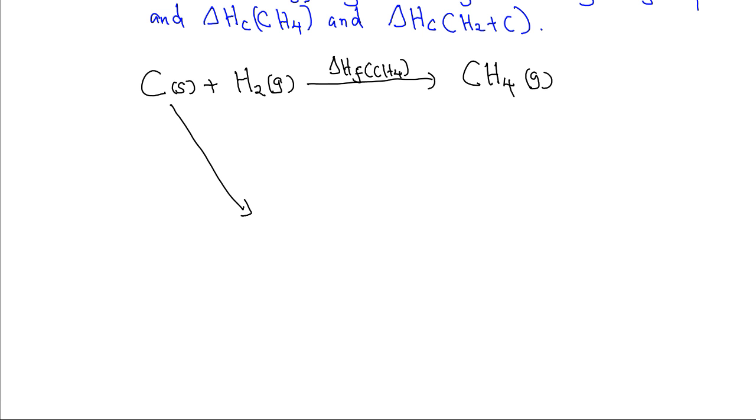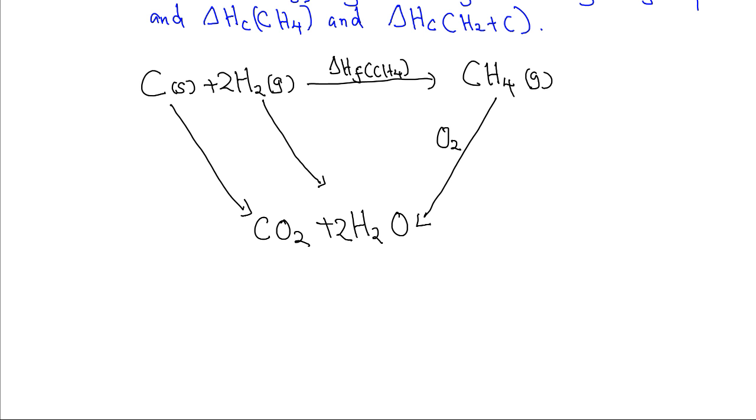Combustion, carbon will give us carbon dioxide, hydrogen gives water. So for 2 moles of water, we call for 2 moles of hydrogen, and that is also undergoing combustion. It requires oxygen, and indeed that is 2 moles of oxygen.